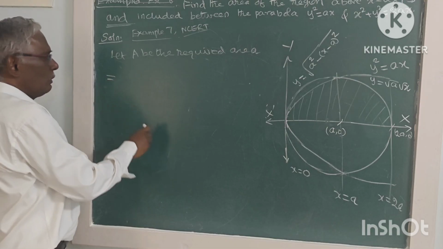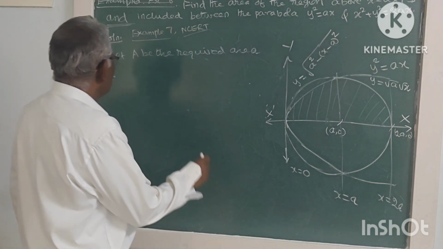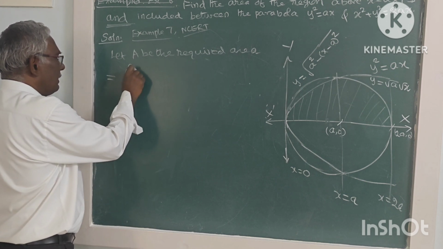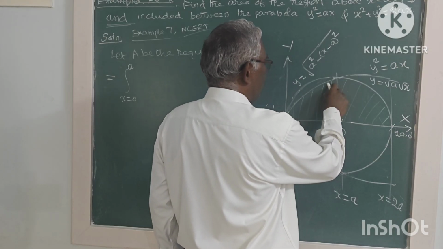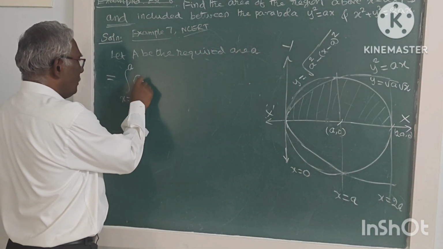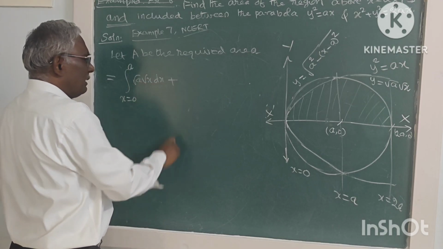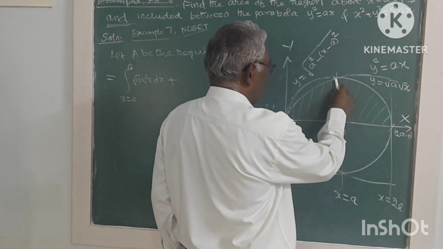So A is equal to, interval x is 0 to a, equation of parabola y is equal to root a root x. So root a root x dx plus this gives the area of this portion.